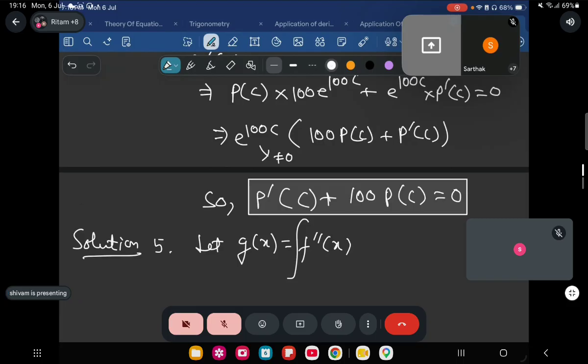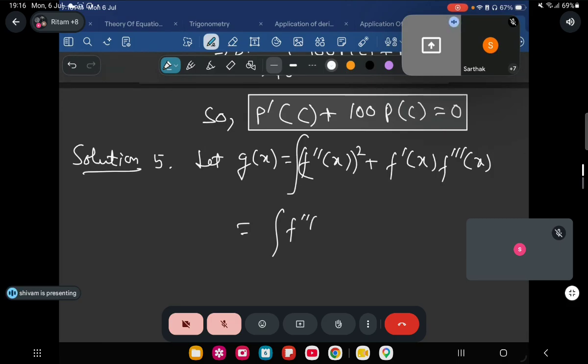Everyone, integral of f double dash x whole square plus integral of f dash x into f triple dash x.